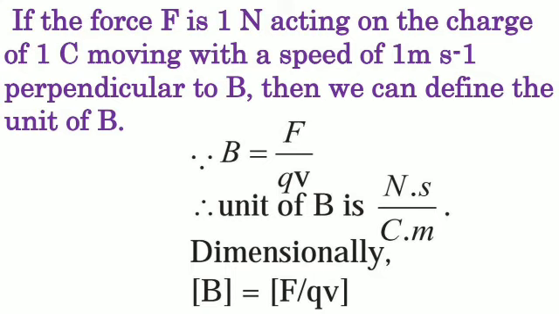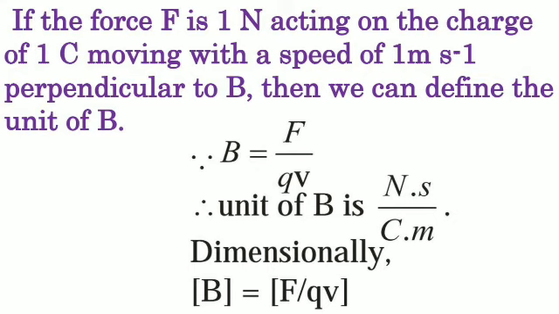So the unit of B: the unit of force is Newton, upon Q which is the coulomb, and velocity which is meter per second. So second will come in the numerator. So finally Newton second upon coulomb meter. So dimensionally we have B equal to F upon QV.